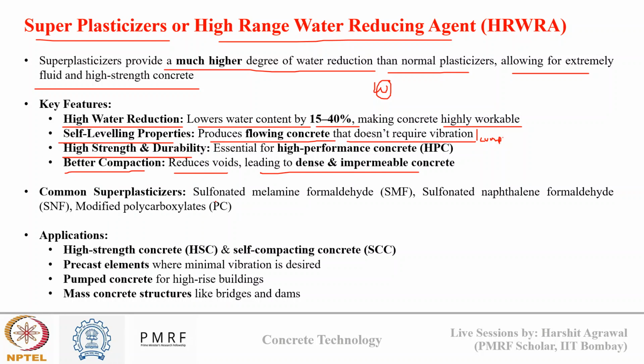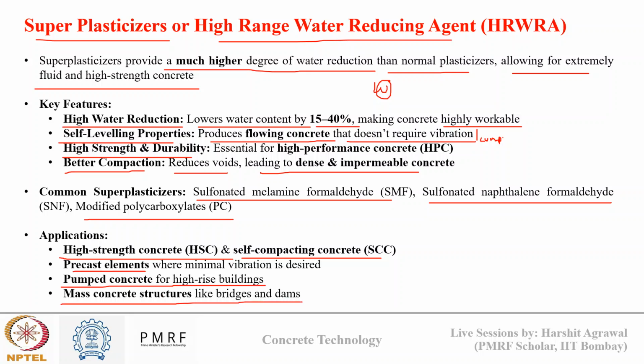Common examples are sulfonated melamine formaldehyde, sulfonated naphthalene formaldehyde, and modified polycarboxylate. They are used for high strength concreting, self compacting concrete, precast elements, pumped concrete for high rise buildings, and mass concreting like bridges and dams.